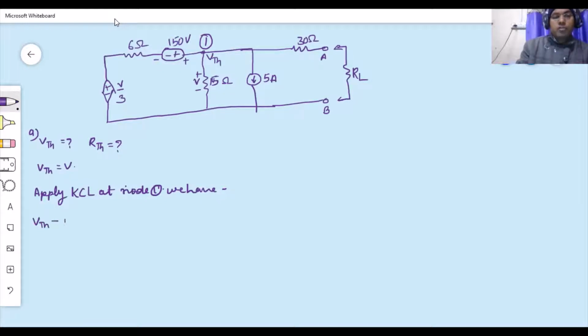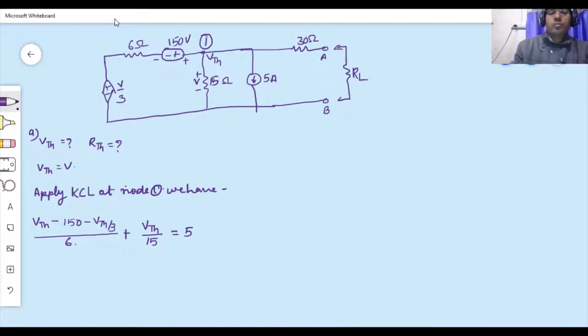The current flowing through this branch is (VTH minus 150 minus VTH by 3) upon 6 ohm, plus the current through this branch, VTH by 15, equals to 5.